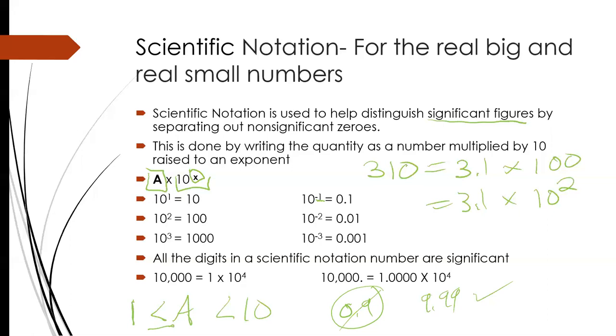All of the digits shown in a scientific notation number count as significant. So 10,000 as written on the left, we would write as 1 times 10 to the 4. Whereas 10,000 with that decimal point there, we would write as 1.0000 times 10 to the 4 in order to show that there are 5 significant figures and that all of those zeros are significant.